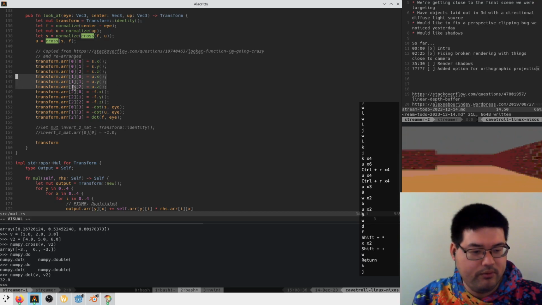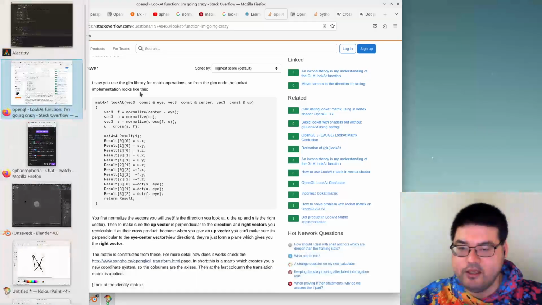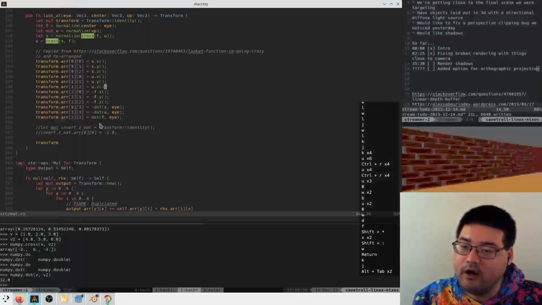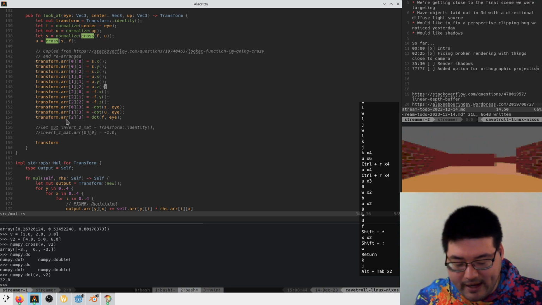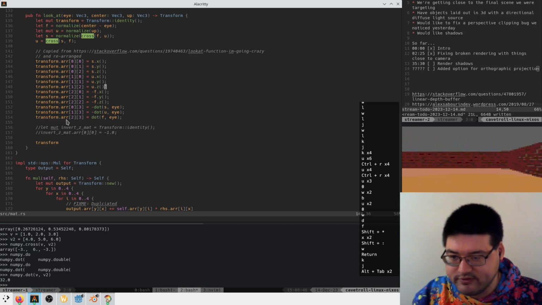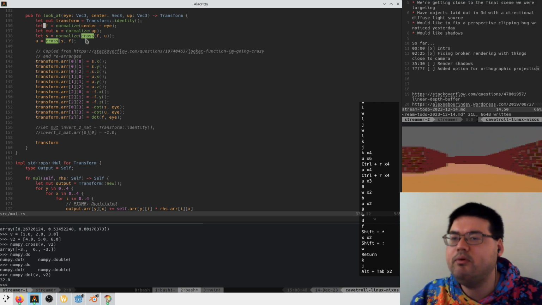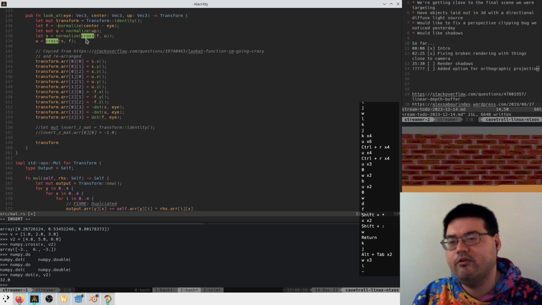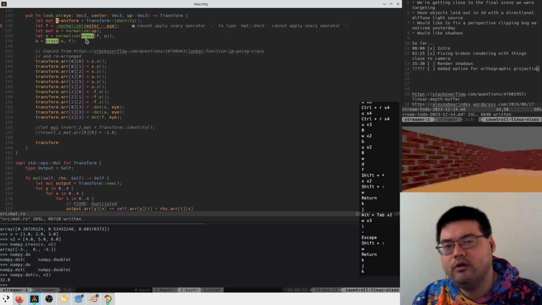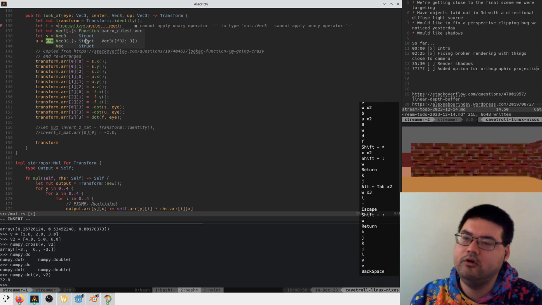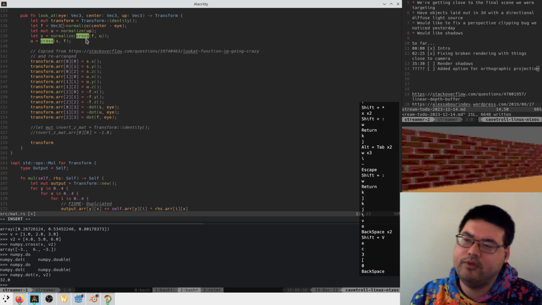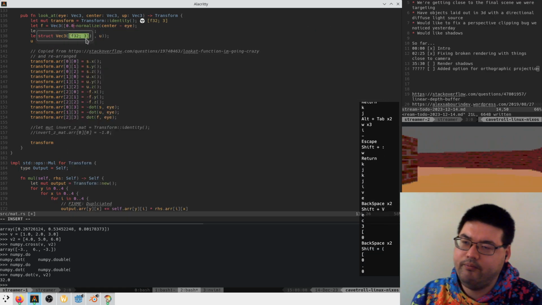The only thing that we might have backwards compared to what these guys wrote is that we might be saying that we want to look through positive z, not negative z. So it seems like maybe we just invert what forward is. That seems reasonable. That seems like it might do what I want.